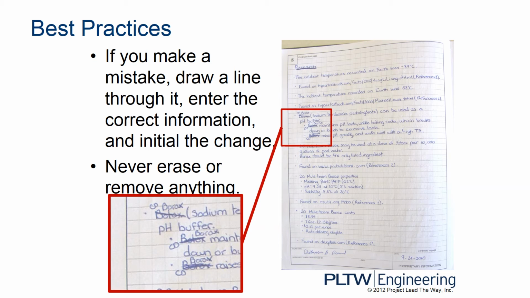They wrote Botox. I think they wrote Botox instead of borax. So you'll see that they crossed it out and then they wrote borax, and then here Christopher Daniel initialed it. Same thing here. Cross it out, write what it really is, initial it, Christopher Daniel.